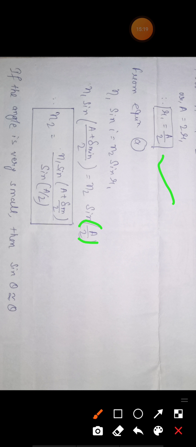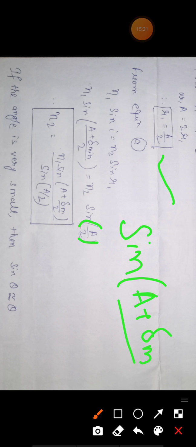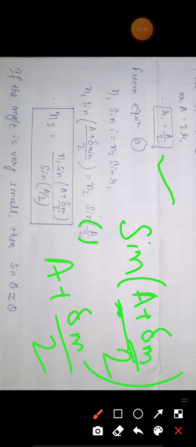Now if the angle is very small, in place of sine theta you can write only theta. Similarly here, in place of sine of (A plus delta minimum by 2) you can write only (A plus delta minimum) by 2.